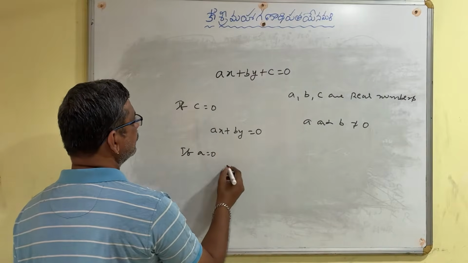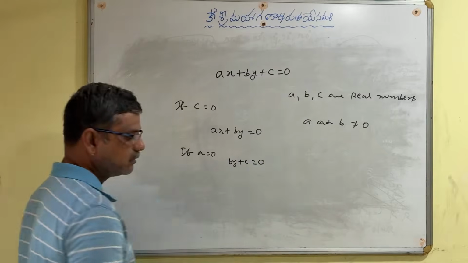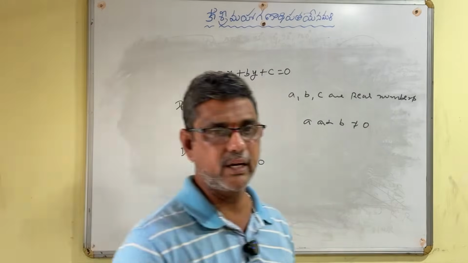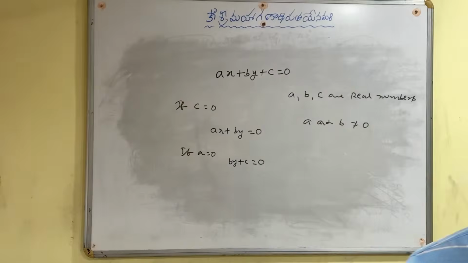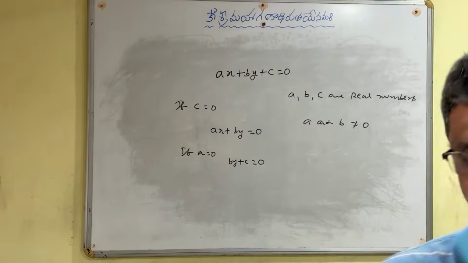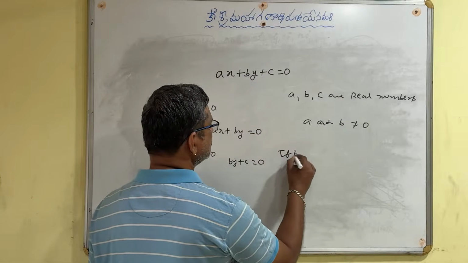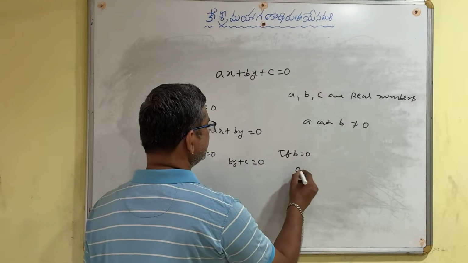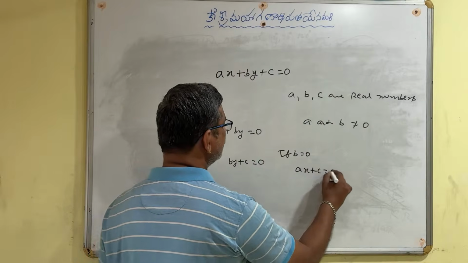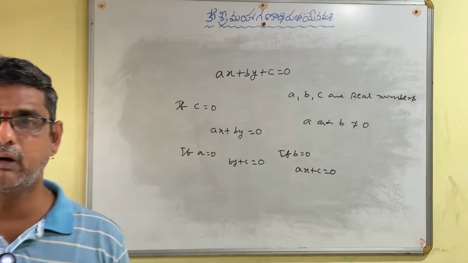We'll be left with by plus c is equal to 0, which is a linear equation in one variable. In the same way, if b is 0, we'll be left with ax plus c is equal to 0, which is also a linear equation in one variable.